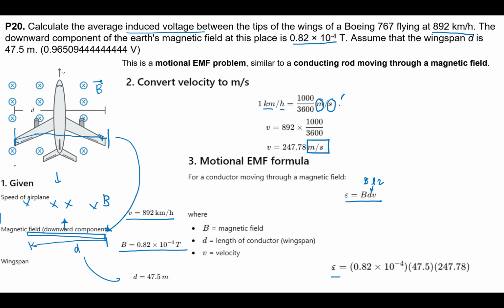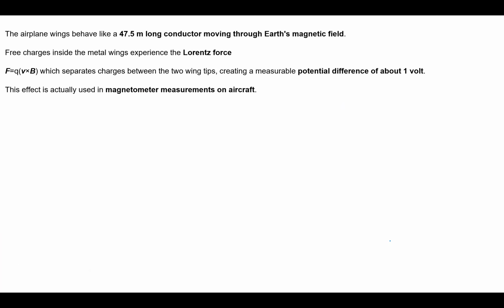Then we can find the electromotive force like this. It is on the order of 1 volt if you calculate. So the airplane wings behave like a 47.5-meter long conductor moving through the Earth's magnetic field, right? And you can measure the potential difference between these two wingtips. This is about the order of 1 volt.